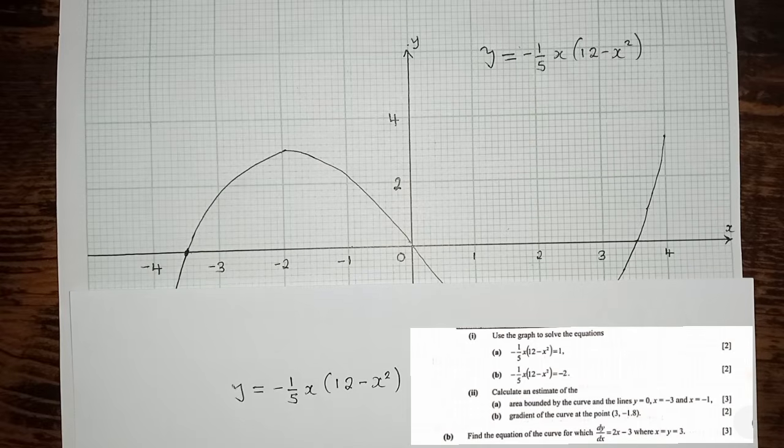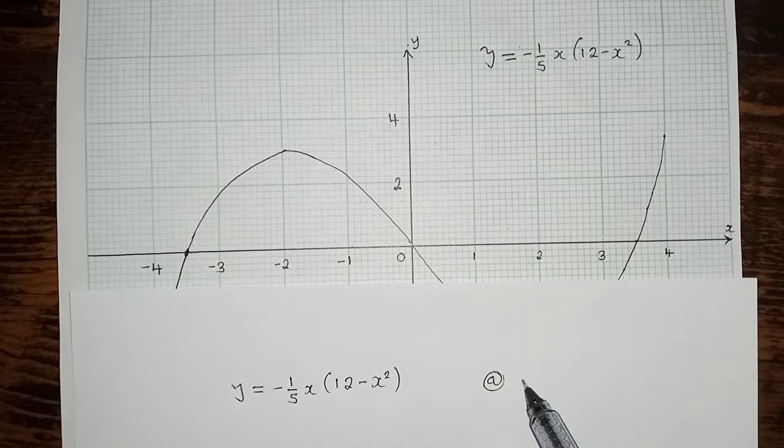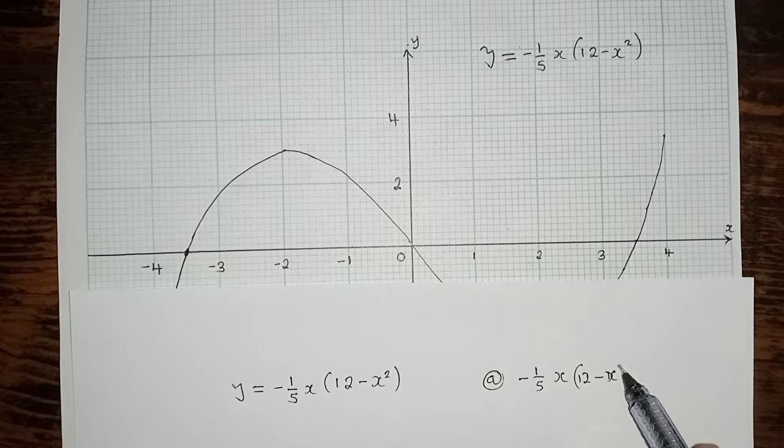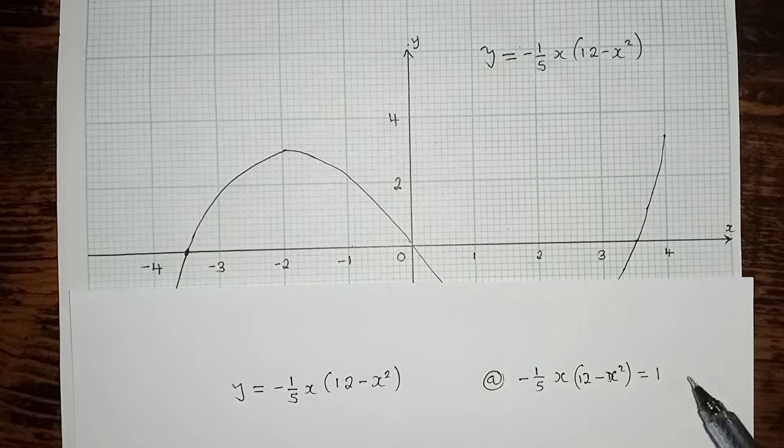What they want us to find is to solve negative 1 over 5 x, 12 minus x squared, is equal to 1.